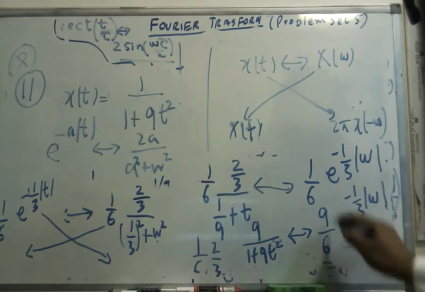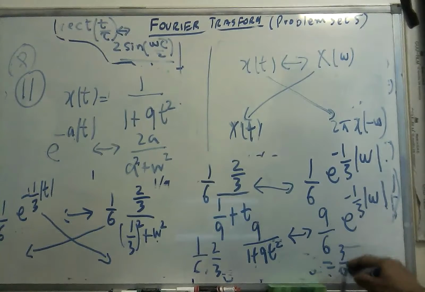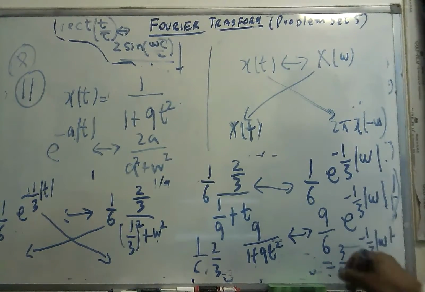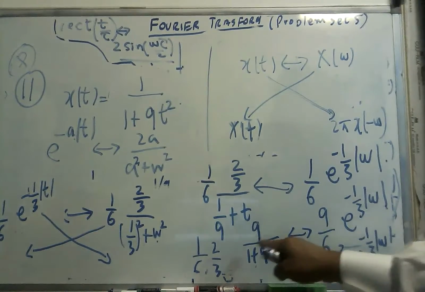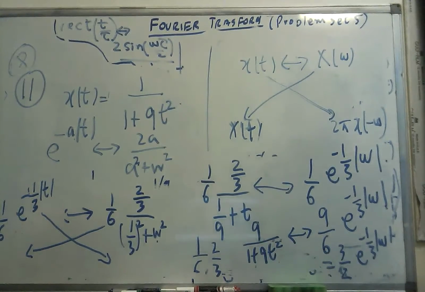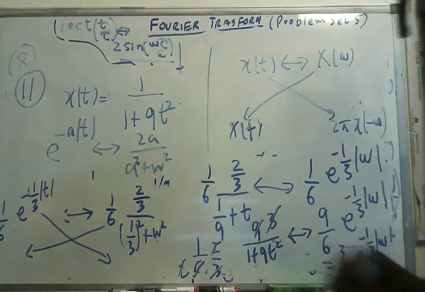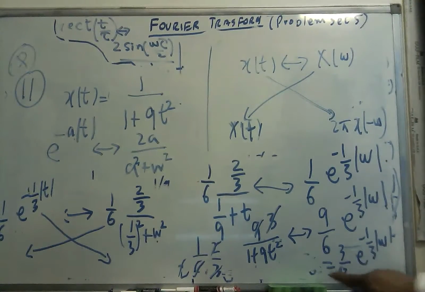And this is equal to 3 over 2, 3. So this is the Fourier transform of, and this is actually all cancelled. So this is my result.